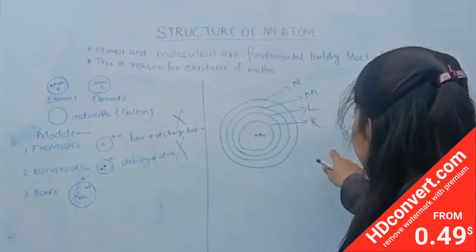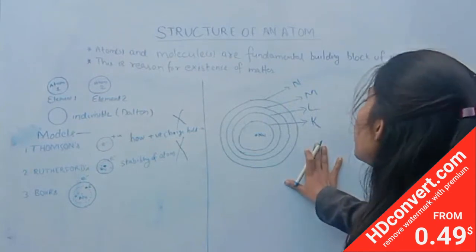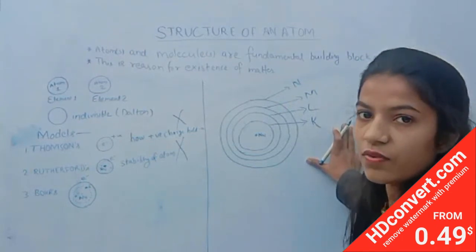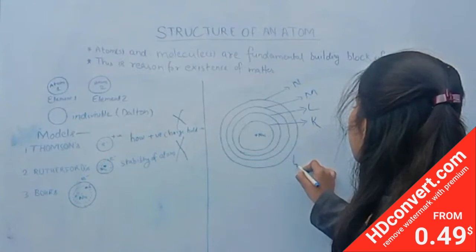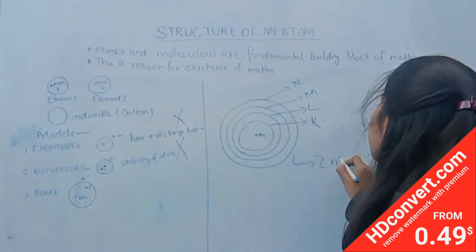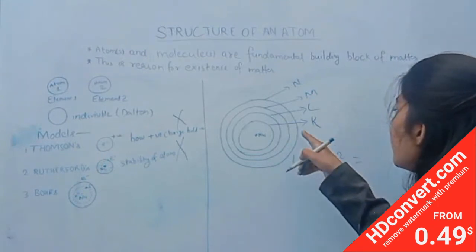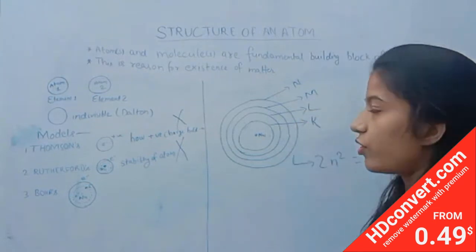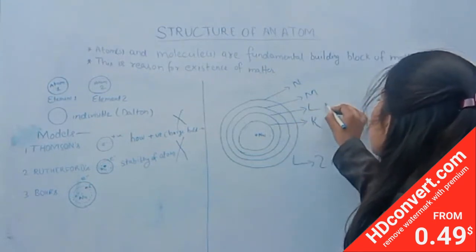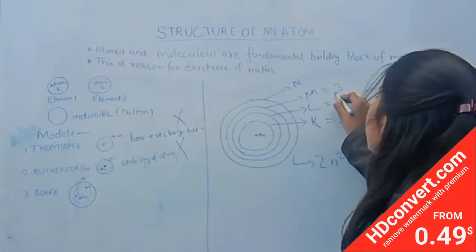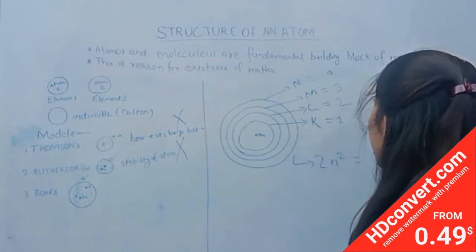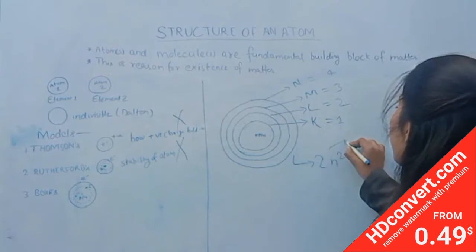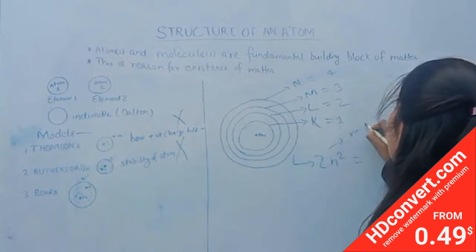Hence, the energy levels are the levels of electrons, and the number of electrons is given by 2n square. Which class has what number of electrons? K equals first class, L equals second class, M equals third, and N equals fourth class. This is the formula for the number of electrons.